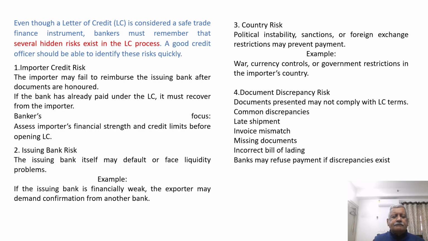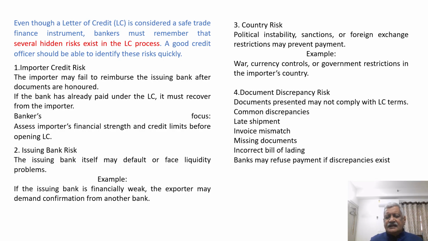2. Issuing bank risk. The issuing bank itself may default or face liquidity problem. Example, if the issuing bank is financially weak, the exporter may demand confirmation from another bank. 3. Country risk. Political instability, sanctions, or foreign exchange restrictions may prevent payment.